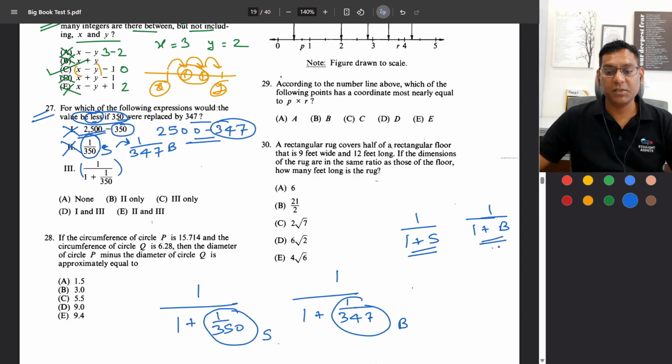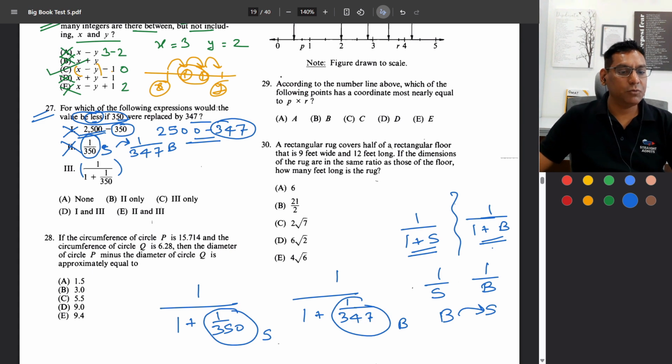Obviously 1 plus big number is bigger. But that's in the denominator. So basically here I have 1 by something small. Here I have 1 by something big. Now is the value decreasing or increasing? 1 by something small is big. 1 by something big is small. So I'm going from a big value to a small value, right? So that means the value is reducing. Here it makes sense. So the answer has to be 3 only.